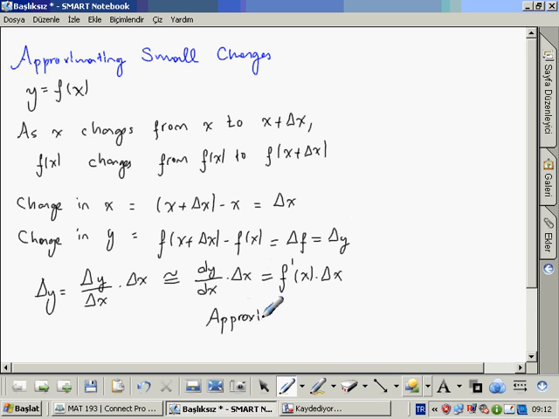This is an approximation as delta x approaches 0.